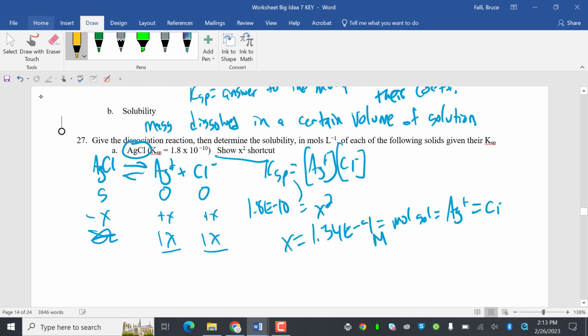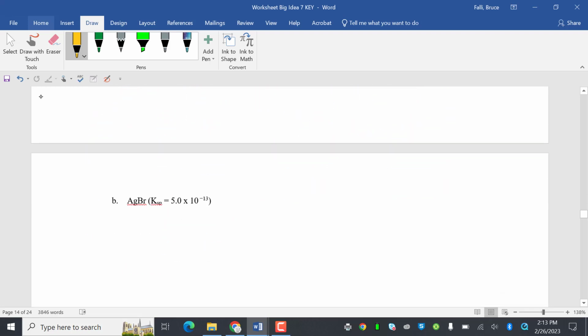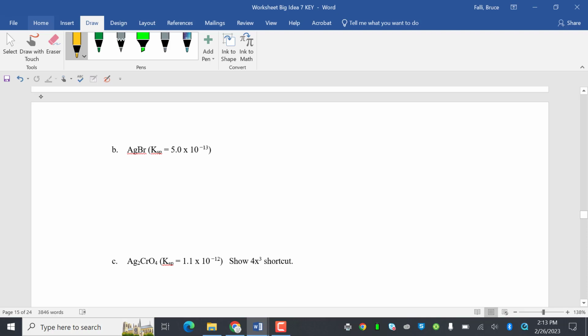Okay, let's do the next one. See how it's 1 and 1, so it's just going to be x squared. Since it's multiple choice, you can do that shortcut I showed you before. I'll show it again. AgBr is in equilibrium with Ag positive plus Br negative, no coefficients.